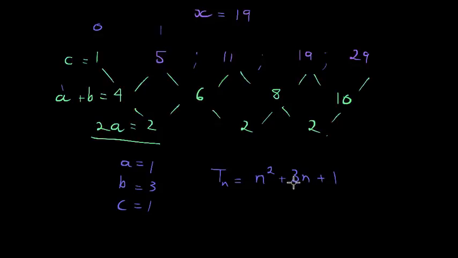I get 1 plus 3 times 1 is 3, so it's 1 plus 3 is 4 plus 1 is 5. Let's put in 2. 2 squared is 4. 2 times 3 is 6. So 4 plus 6 is 10 plus 1 is 11. Okay. If you tested 2, it should work.